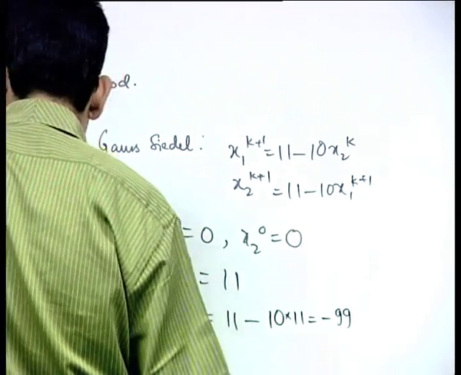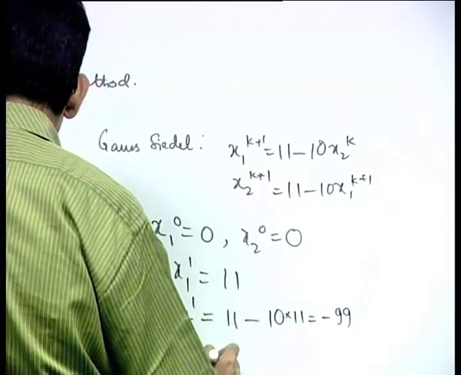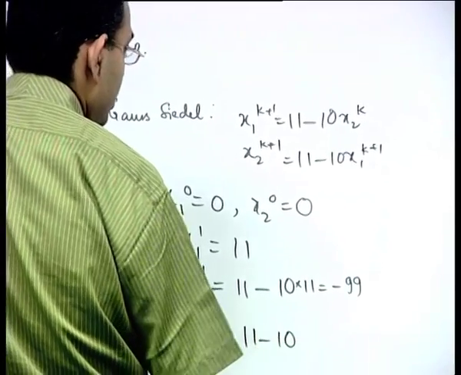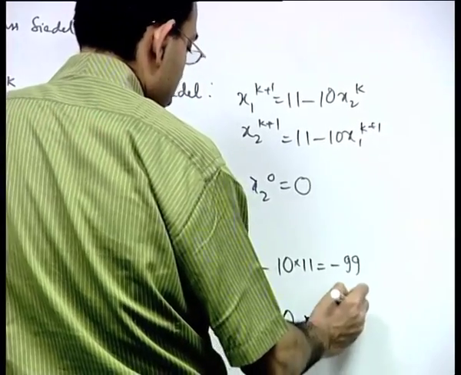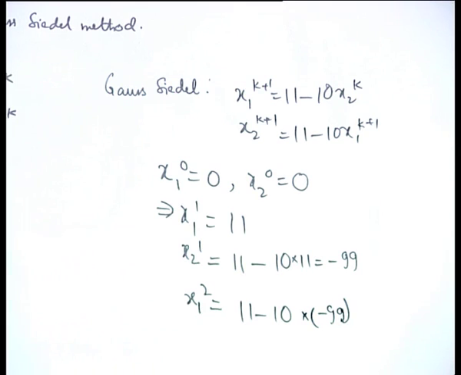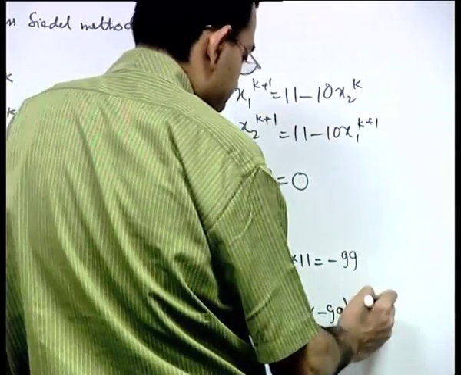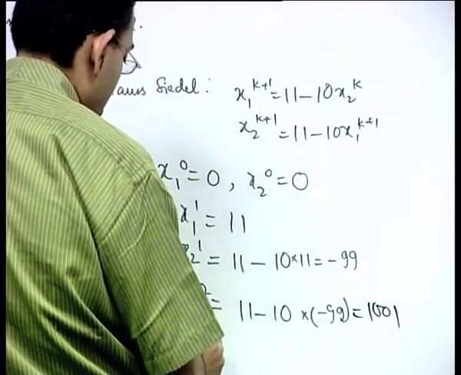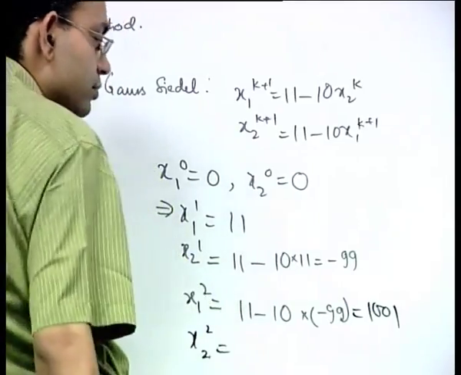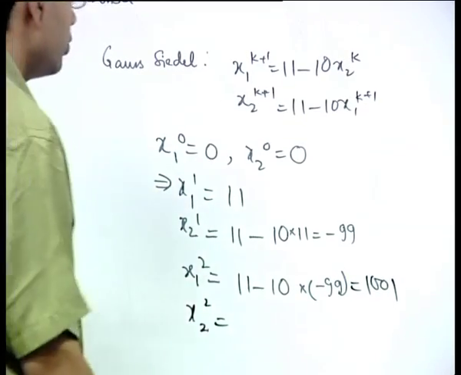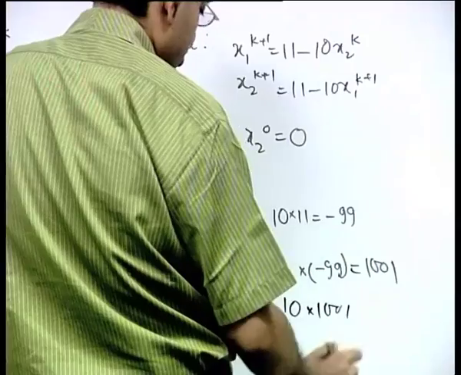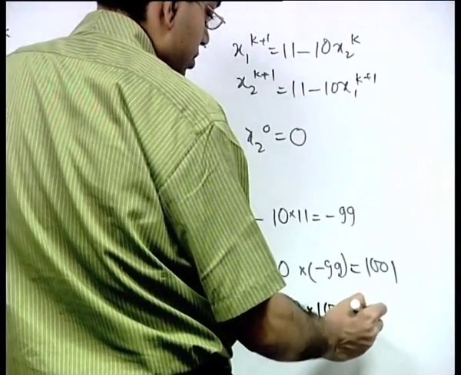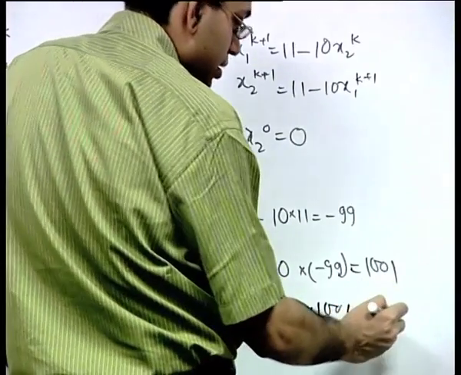In this way, let us calculate maybe one more step. x1 2 is equal to 11 minus 10 x2 1, so what is this? 1001. x2 2 is equal to 11 minus 10 into 1001, so minus 9999.